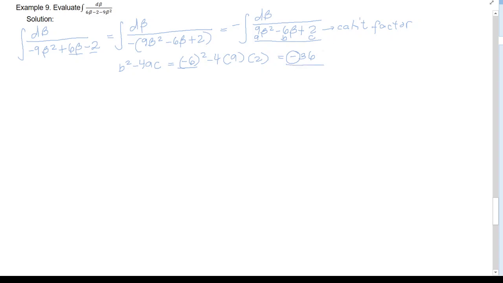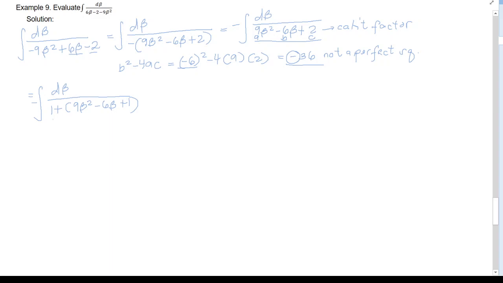Okay, so if that is the case, we manipulate again the equation. So this is not a perfect square, so we can't factor that one. So we manipulate the equation. It will become negative d beta divided by 1 plus 9 beta squared minus 6 beta plus 1.